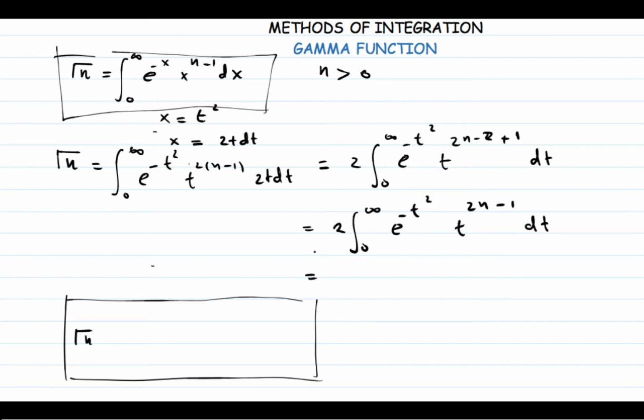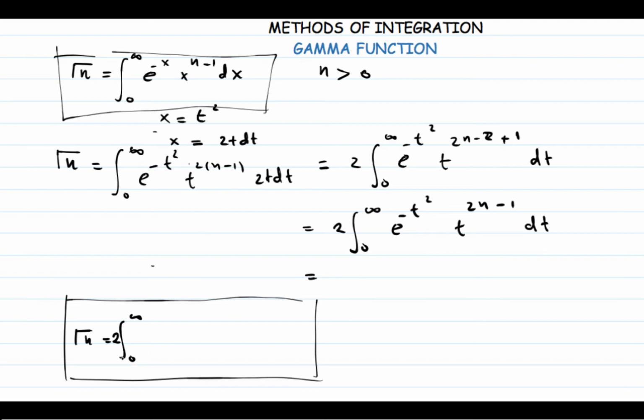Now, this means that the same expression gamma of n can also be represented as this integration from 0 to infinity. We don't have to be using t every time. T was just another variable, could be n, could be h, could be any variable, could even be x.